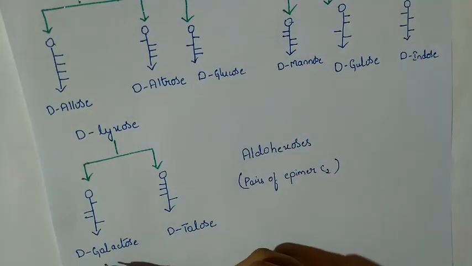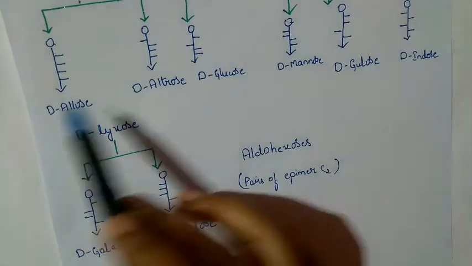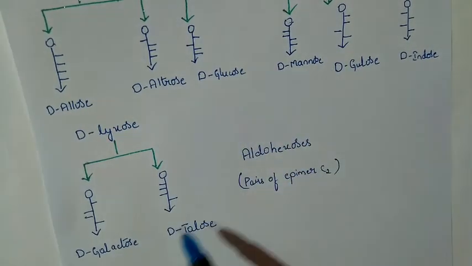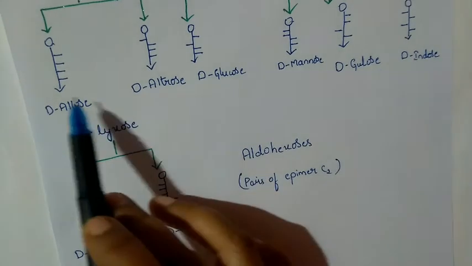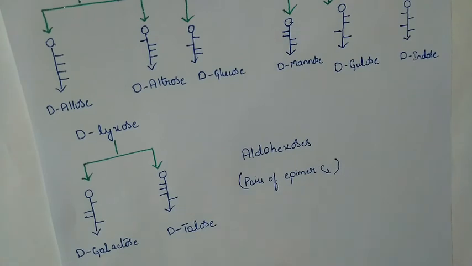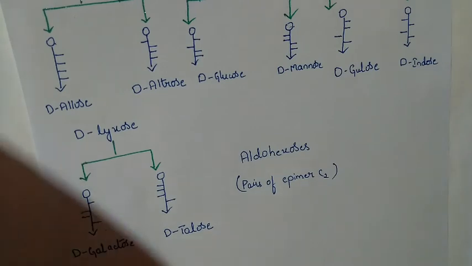Like that, one to one they are also related. They are also epimers at a different carbon atom. But the pairs we have written here are all epimers at C2. And one more thing, you can remember glyceraldehyde is the first step of this chain.